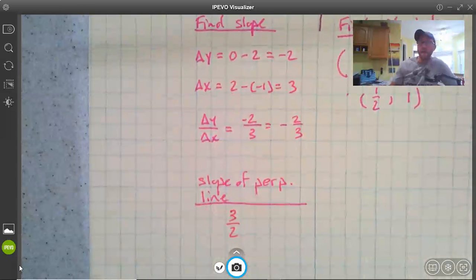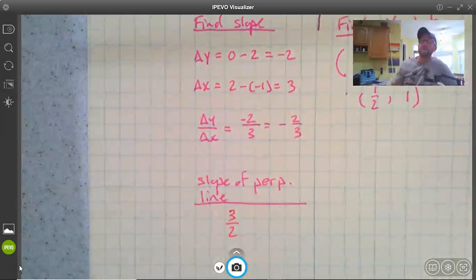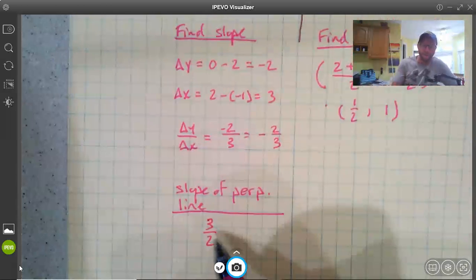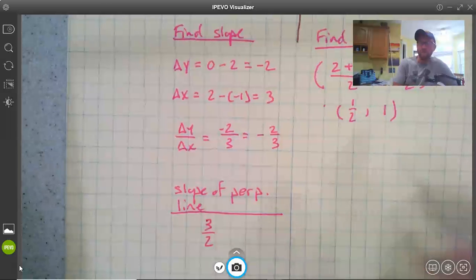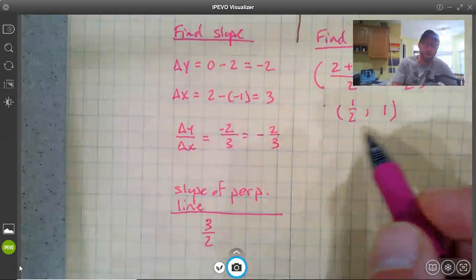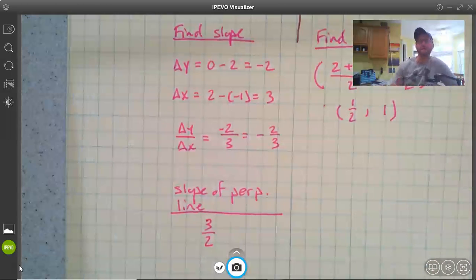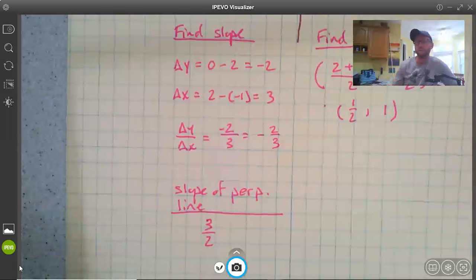Okay. And now we're ready to find the equation of our perpendicular bisector, because we've got the slope of the line, and we have the midpoint. It's a bisector because it cuts the segment in half. It goes through the midpoint. So the midpoint is on the line, and we're going to use that point-slope form that we talked about earlier to write the equation of this line.